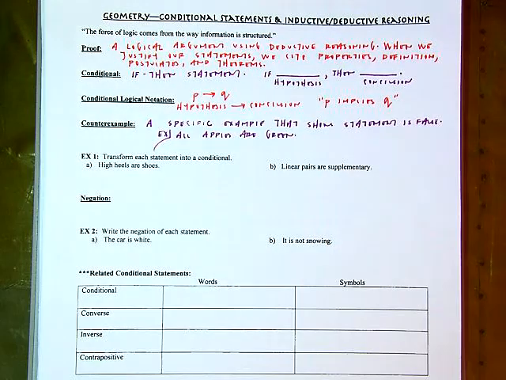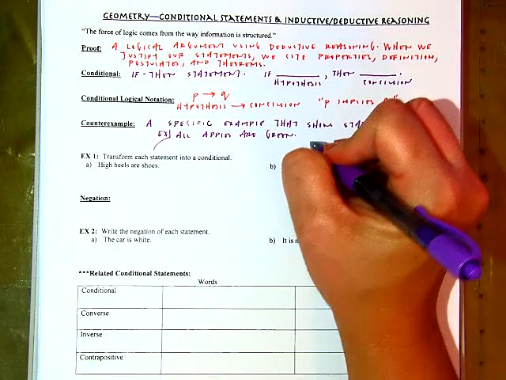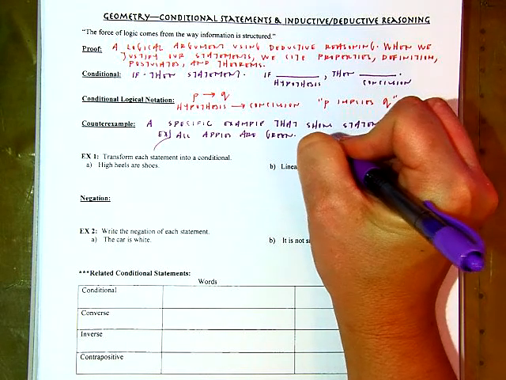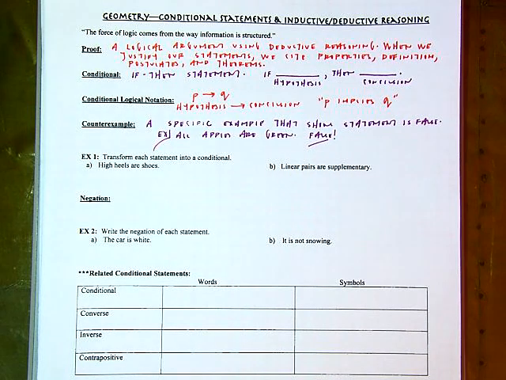Okay, so if I wrote that as a conditional, I could say, well, if it is an apple, then it's green. And that's not true, right? That's a false statement. But if it's a false statement, I have to come up with an example that shows why it's not true. So I'm looking for a type of apple that is not green. So I'm assuming a truthful hypothesis, but a faulty conclusion.